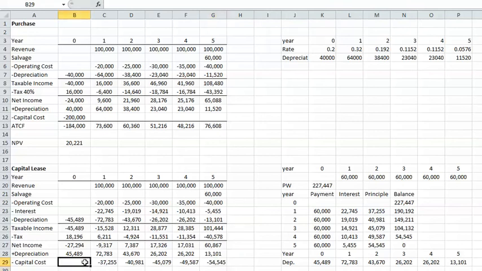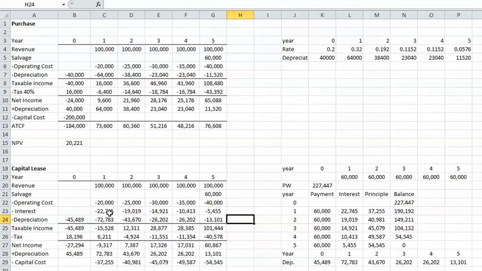There is a very important point, please note that from year 1 to year 5, your interest portion decreases and your principal portion increases. This has a very positive impact on the project.